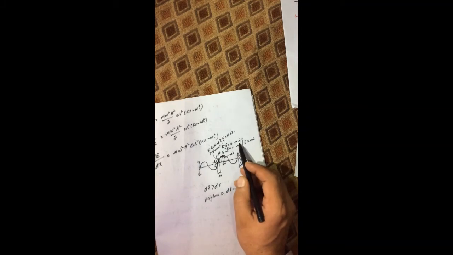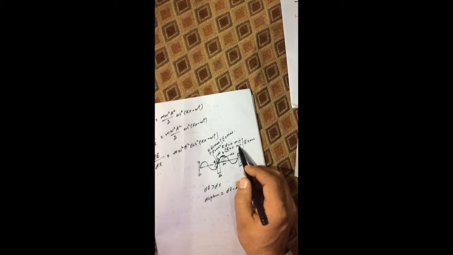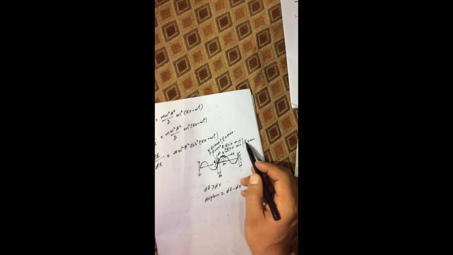So this is the reason we say that this wave motion is different from simple harmonic motion. If we consider wave motion at a given point, let's suppose point B, if the kinetic energy is minimum, then potential energy is also minimum here. While in simple harmonic motion, if kinetic energy is minimum, potential energy will be maximum there.